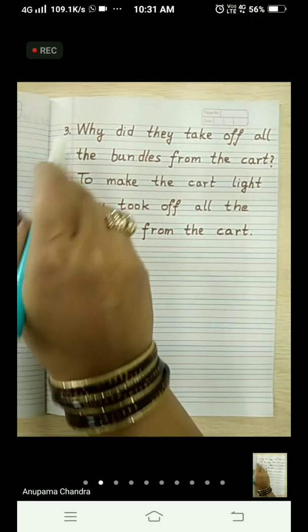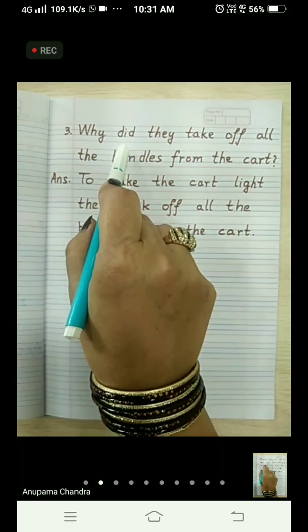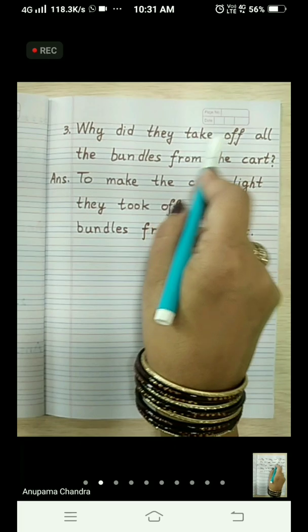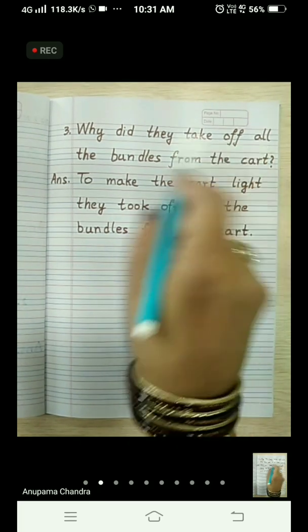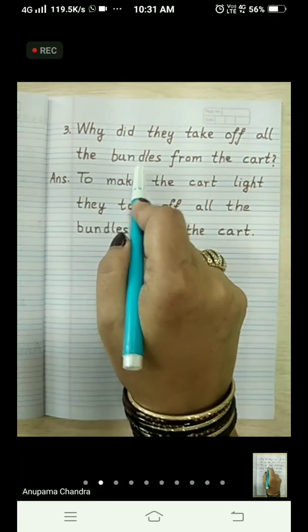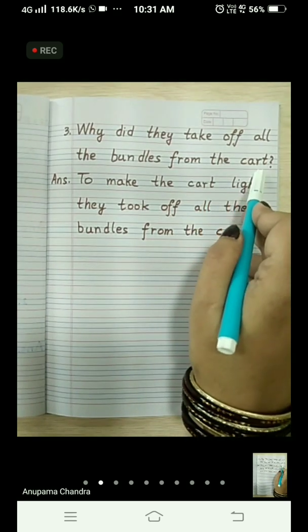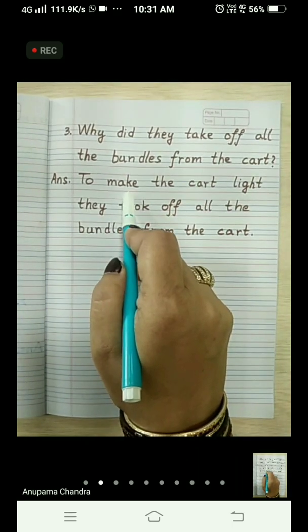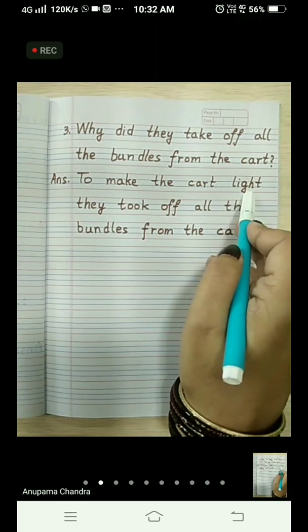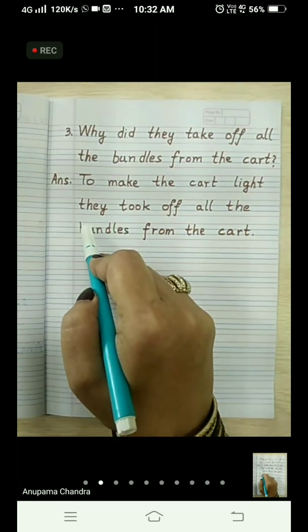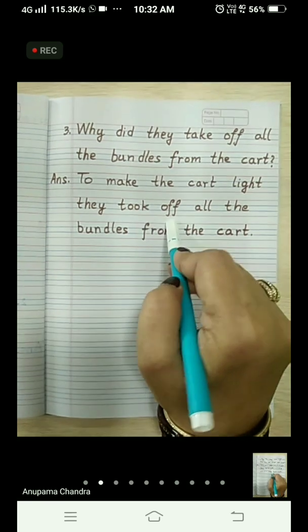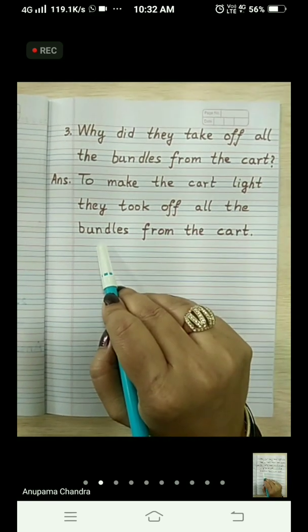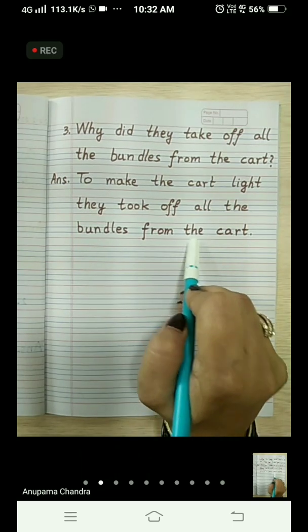Once again, why did they take off all the bundles from the cart? Answer: to make the cart light. They took off all the bundles from the cart.